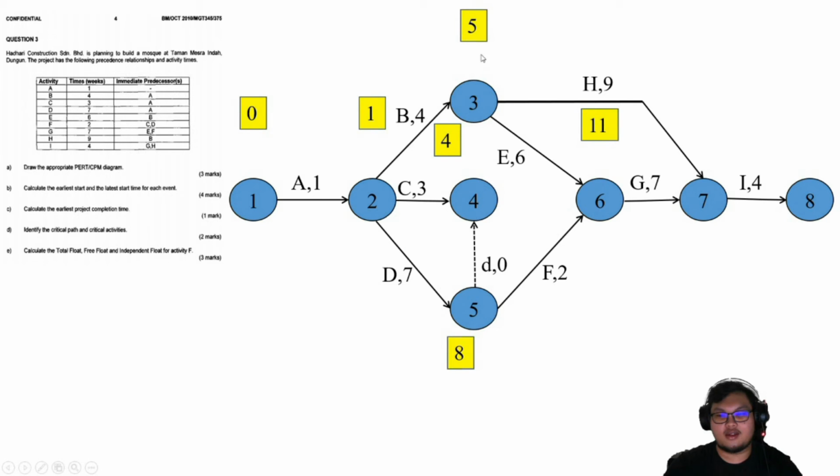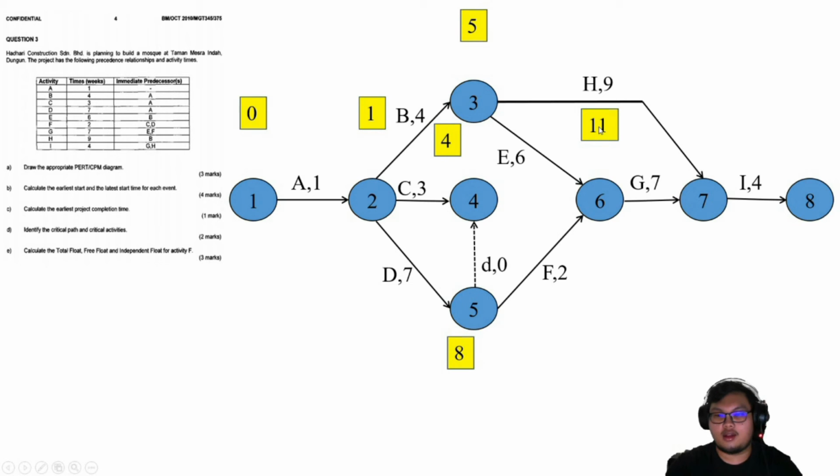Now 5 plus 6. Why do I choose 11? Because 5 plus 6 is 11 and 8 plus 2 is 10. So I will take the larger one. The larger one is 5 plus 6 equal to 11.